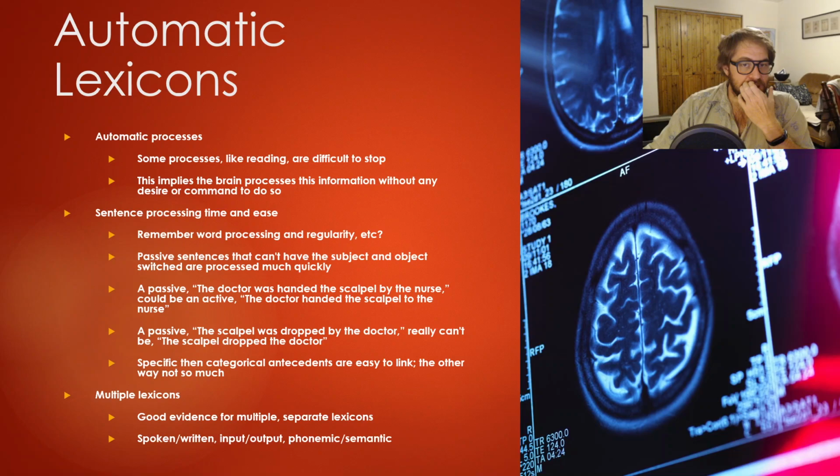And likewise, you can think about Wernicke's aphasia as a problem with the input lexicon. No idea what is being asked of them or said to them, and yet they can output words just fine. The way that they're stringing words together might be a little weird, but the words actually come out just fine. And so it looks like there's two different lexicons there as well.